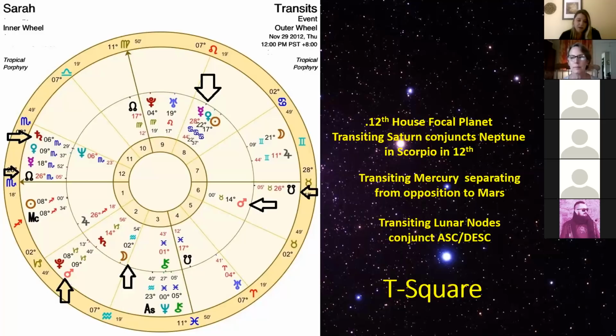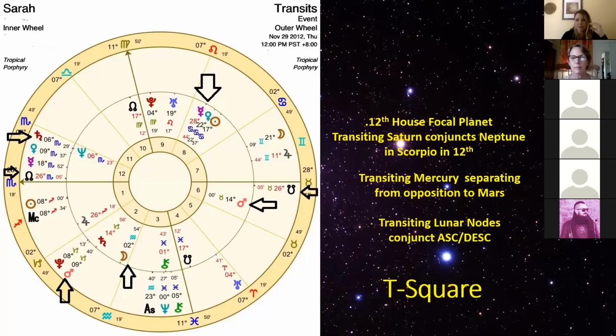So I think this is a real important moment to look at Saturn on Neptune in Scorpio. And the Neptune as the T in the 12th house is probably more likely activating some illusion that you can't see yet.